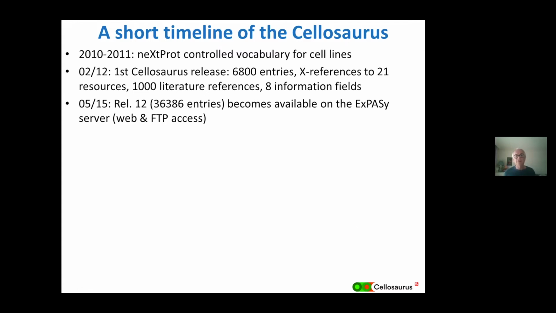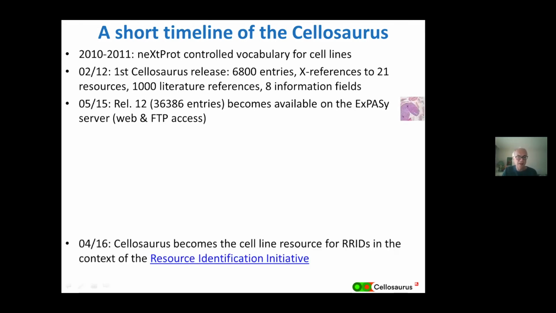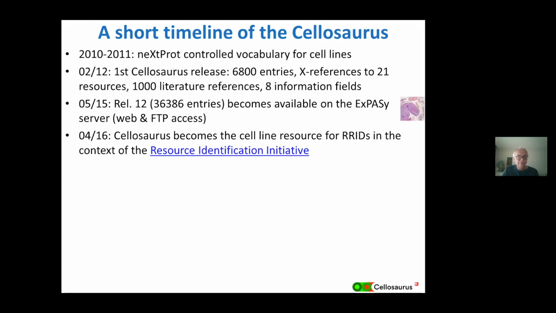So that's where people could really start browsing it and go to Expasy to look at what there was in it. And that was with release 12, and people could access it by FTP. And then it became also the cell line resource for what are called RRIDs, in the context of the Resource Identification Initiative. Don't worry, I will explain what this is a little bit later.